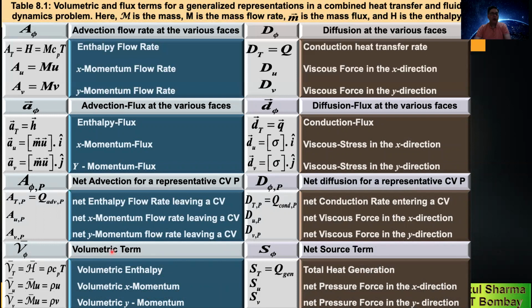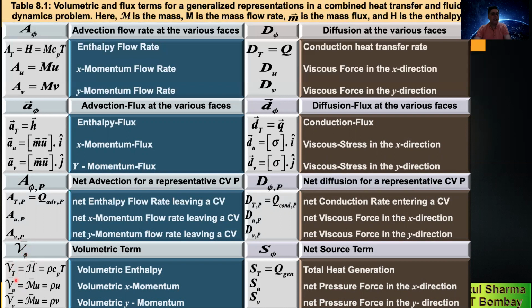The general expression for a volumetric term is shown here by this curved V with an over bar, where any variable with an over bar represents a per unit volume term. There is a subscript phi.